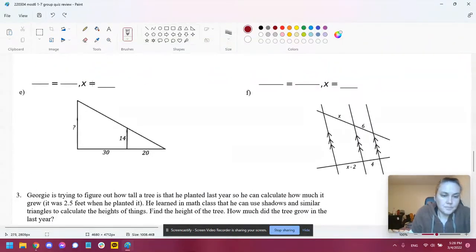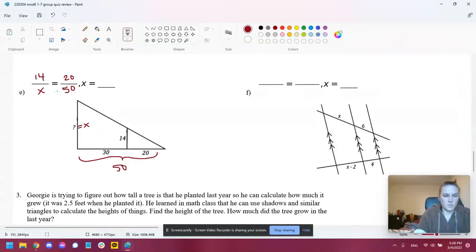Here's another triangle one. I'm going to say 14 over x equals 20 over 50. I'm going to say 50 because this side, when I add it up, becomes 50. Cross multiply.